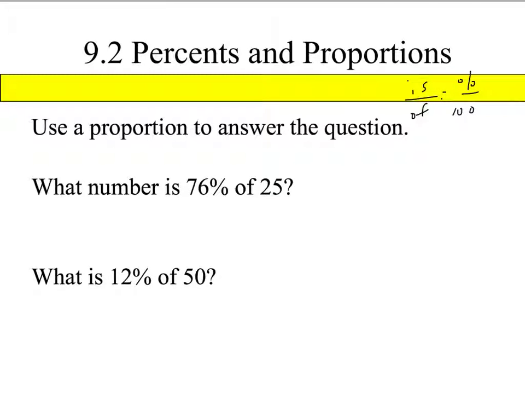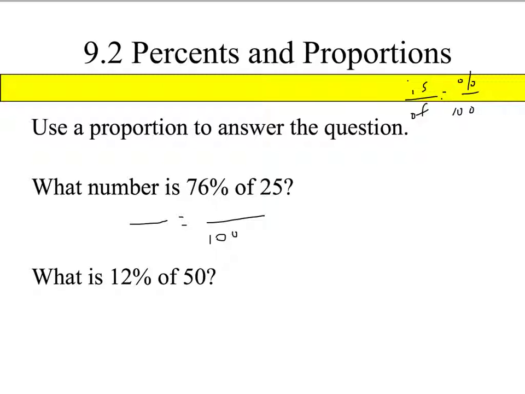So we need to figure out what number is going to be our is, what number is our of, what number is our percent. Again, we're going to have a proportion, and I want you to write a proportion. We automatically know 100 is going to be in there.